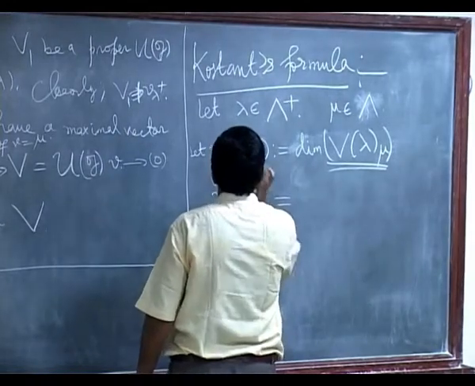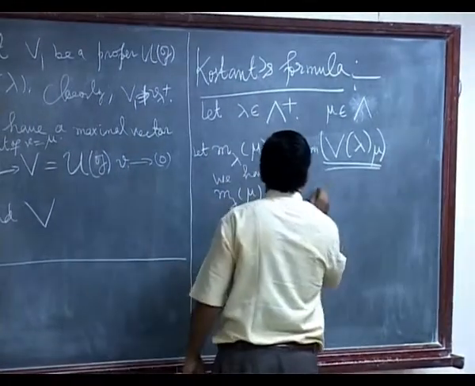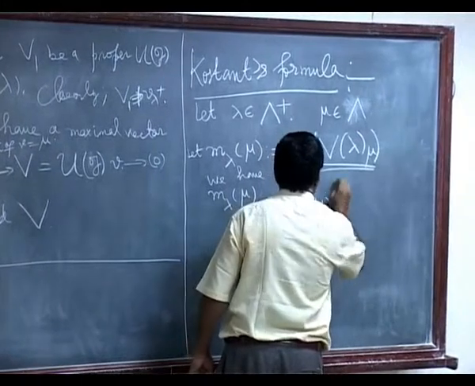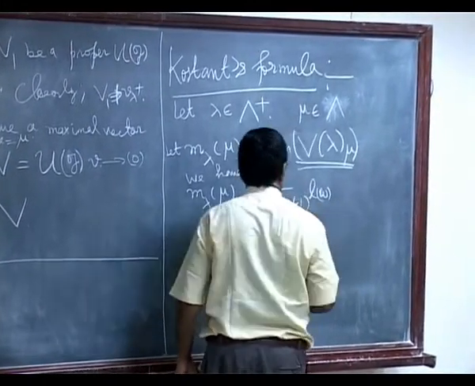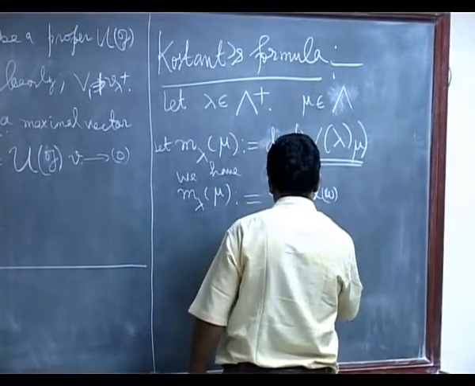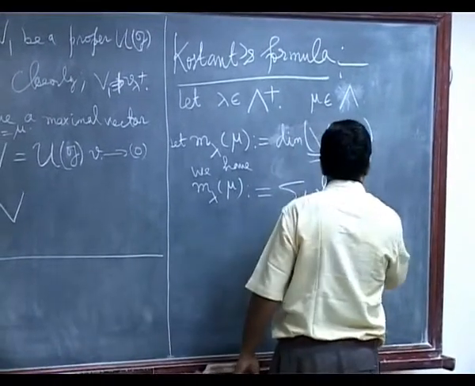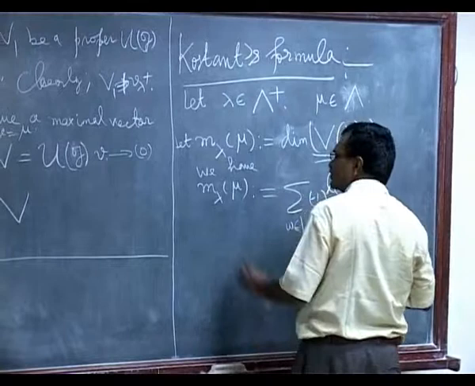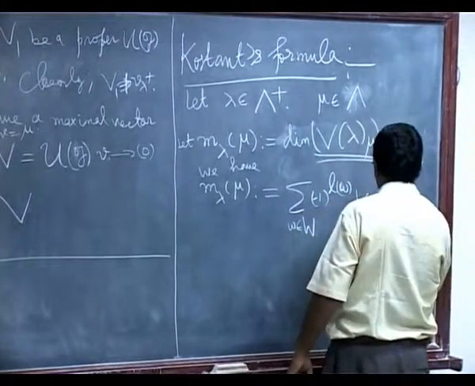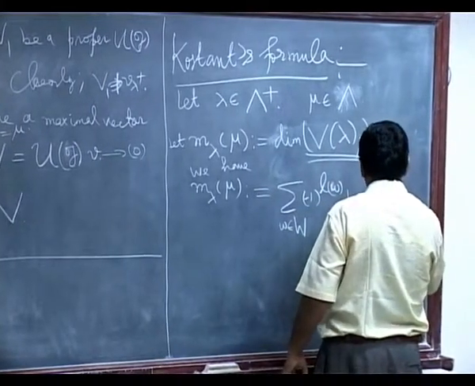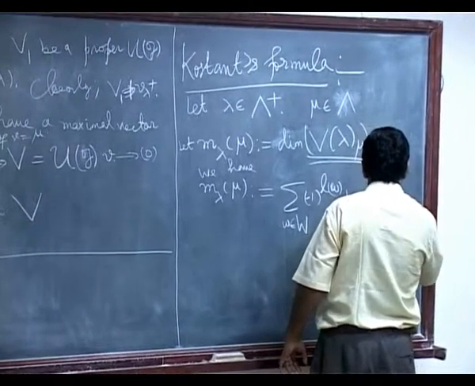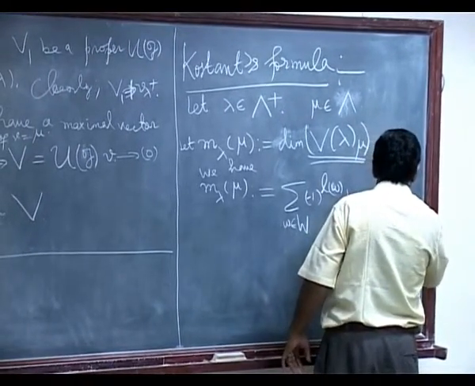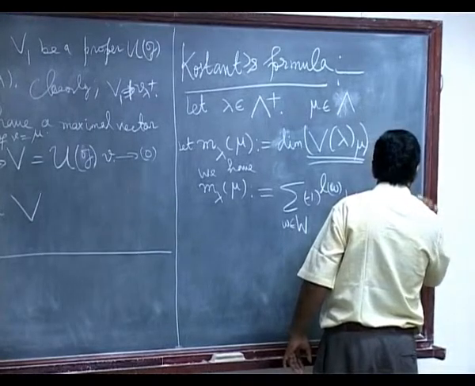So this is now the formula, which says m lambda of mu is equal to the sum over w in the Weyl group W of (-1) to the power length of w, times P of w of (lambda plus rho) minus (mu plus rho).